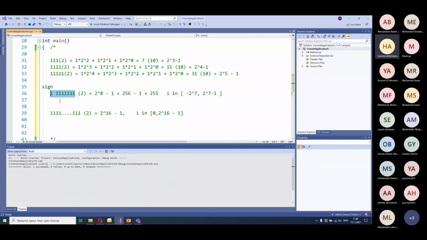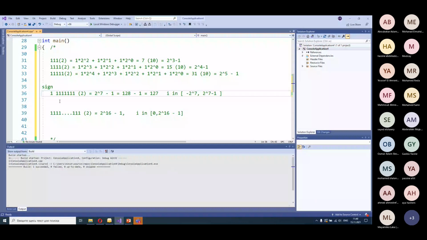Take one bit for sign, and consider the other bits as an absolute value. 2 power 7 is 128. So the range of representation of 1 byte numbers, positive and negative, is plus minus 127.